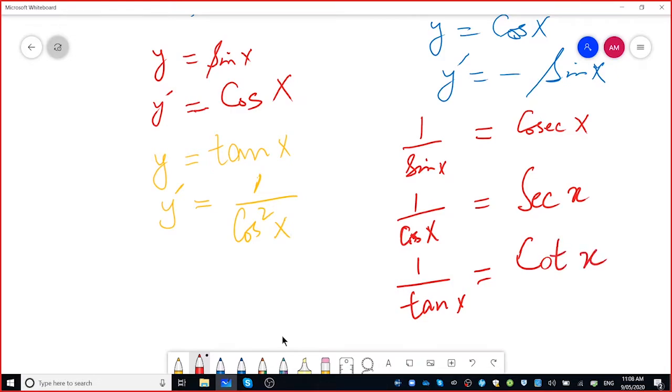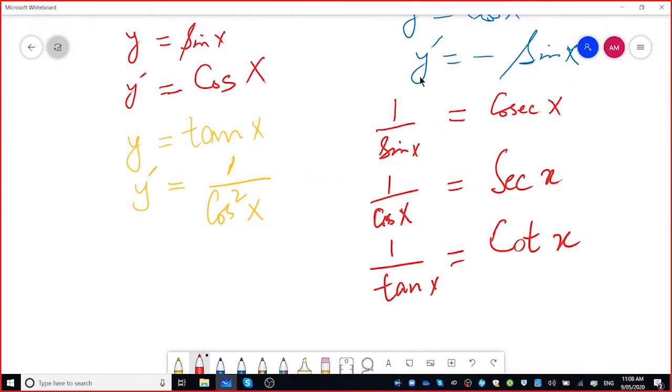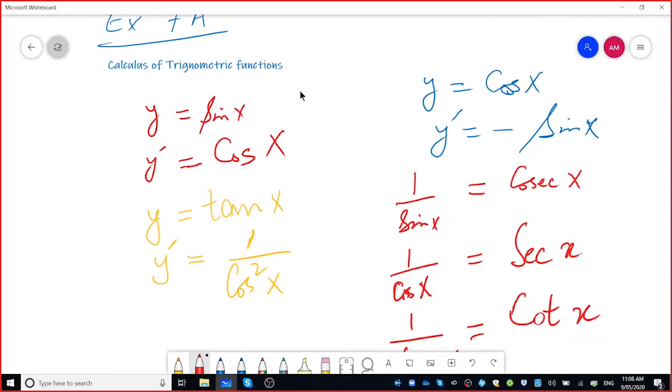Nothing very special. Even if you don't know, that's okay. If you had taken math specialist, they would teach it. Otherwise, knowing just these three formulae is more than enough.